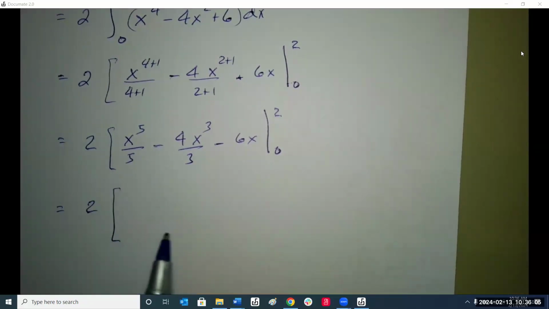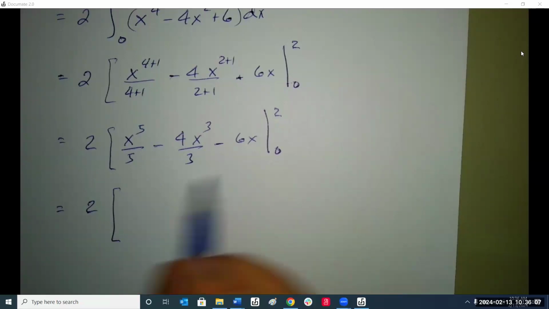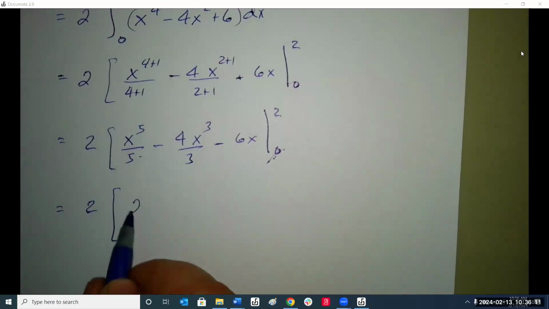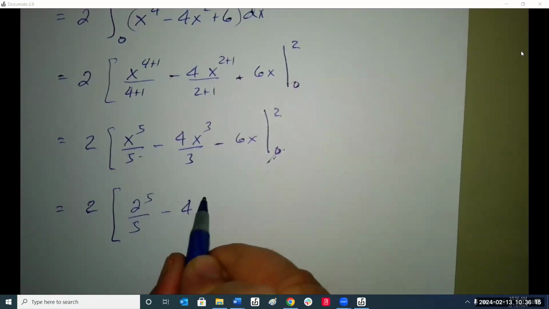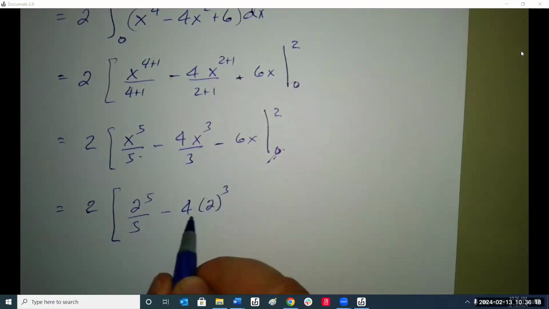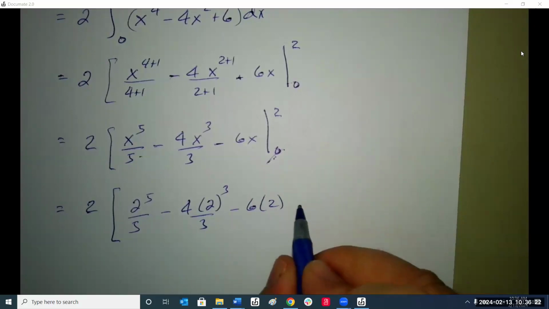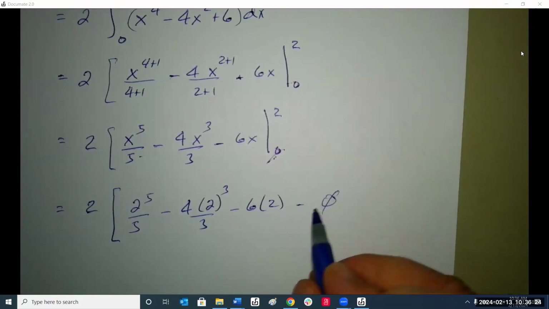Since all these have x's, we don't have to worry about that one. So we have 2 to the 5th over 5, 4, 2 to the 3rd over 3, 6 times 2 minus 0.